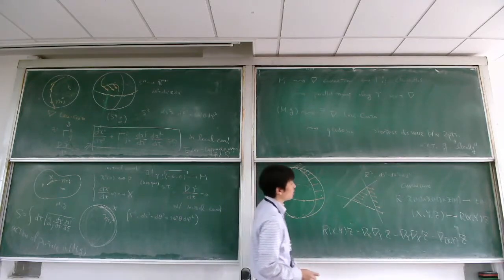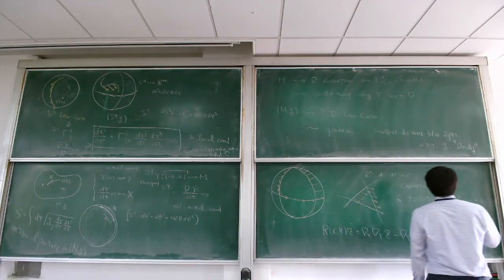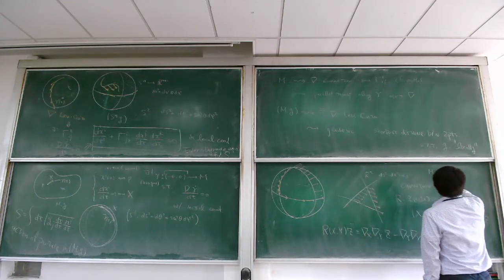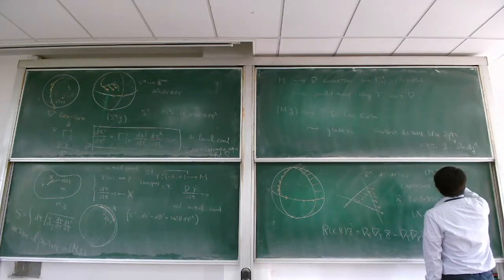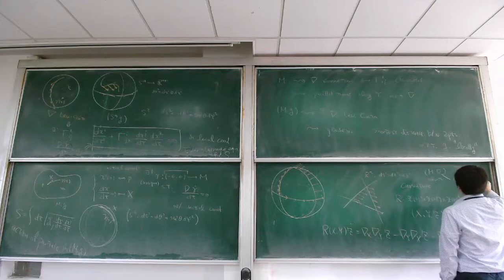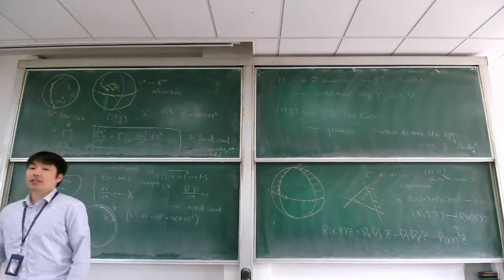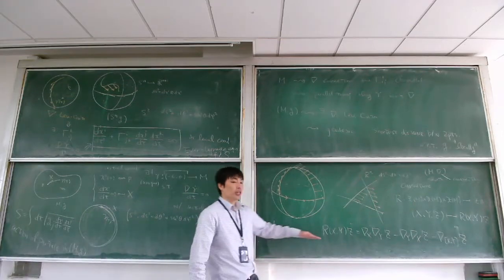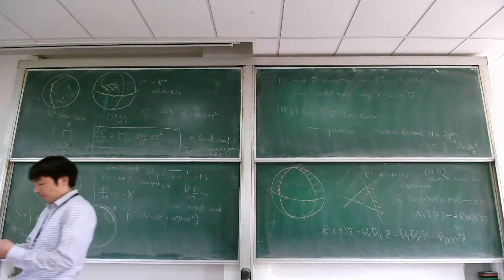Here I just assume M is a smooth manifold and nabla is any connection. Given any connection, one can define the notion of curvature. Here I don't use the notion of metric.